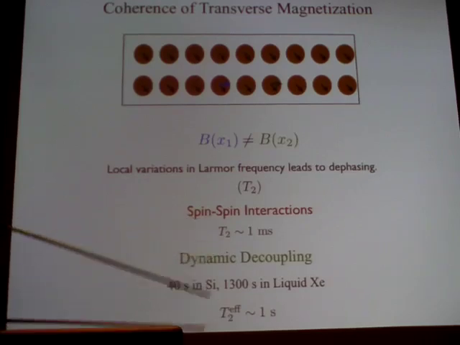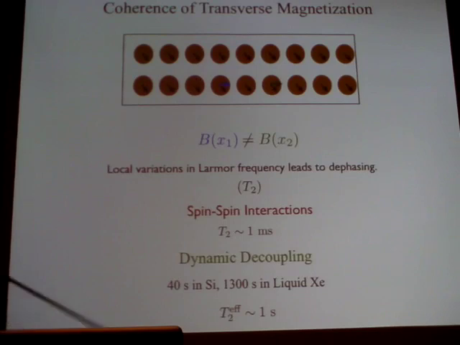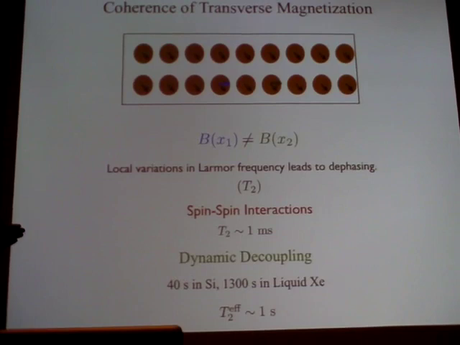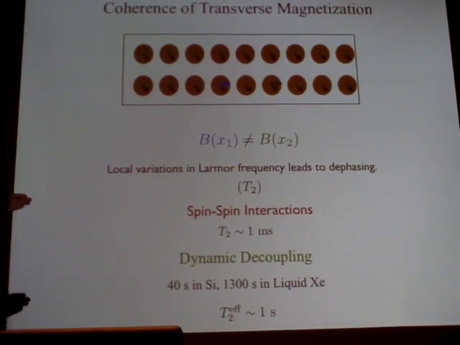Okay. So the way these things work is that every now and then, within one T2 time scale, you flip all the spins by 180 degrees. Okay. So suppose you do that. What does that do? Imagine all these spins are essentially runners going around a circle, right? And so the problem is some guys are faster than the others. So after some time, instead of all of them going at the same speed, some guys are way ahead of the others.